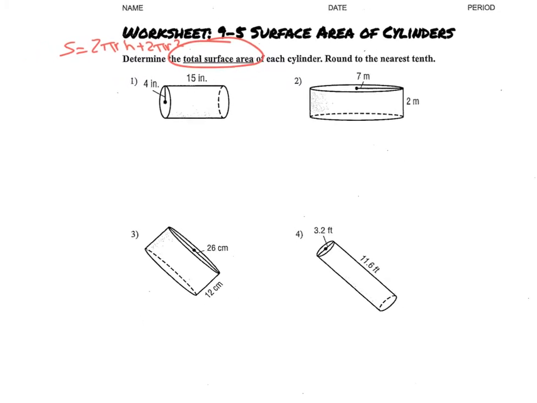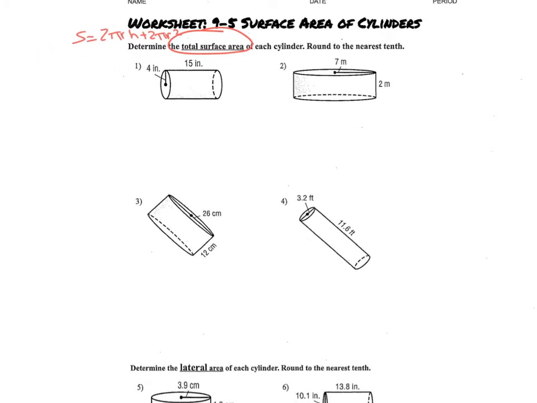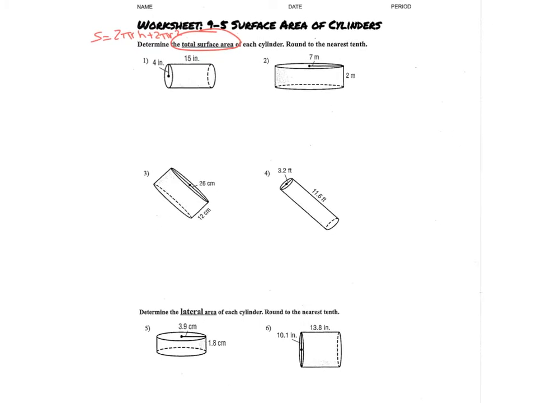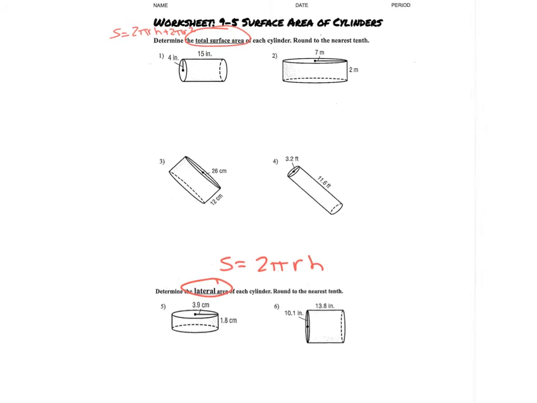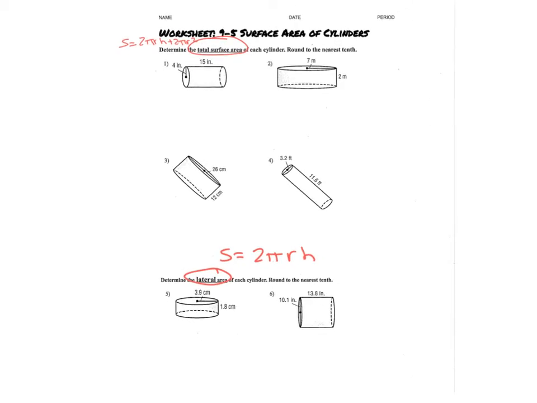If it's lateral, that's just talking about your green bean label or the front side where you see the label. So lateral is just the front part of that formula. 2 pi times radius times height. Because you don't need to know the area of your bases. Good?